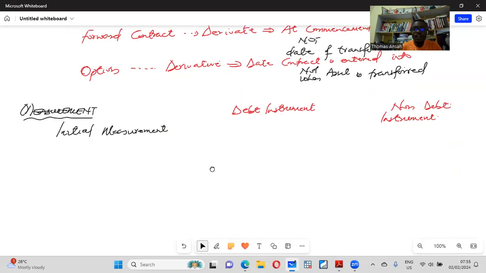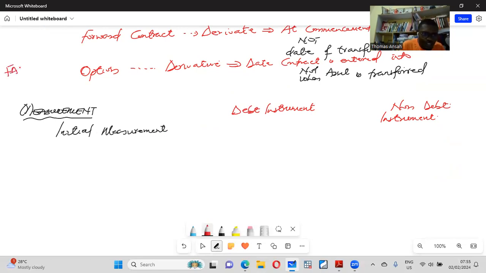Because there are two ways you can, you see, when we learned the equation, it was what? Financial asset is equal to what? Financial liability plus what? Equity instrument. So which one of these is doing the equation? Is it financial asset is equal to financial liability? In mathematics, if you say something is equal to something, then it is the same.